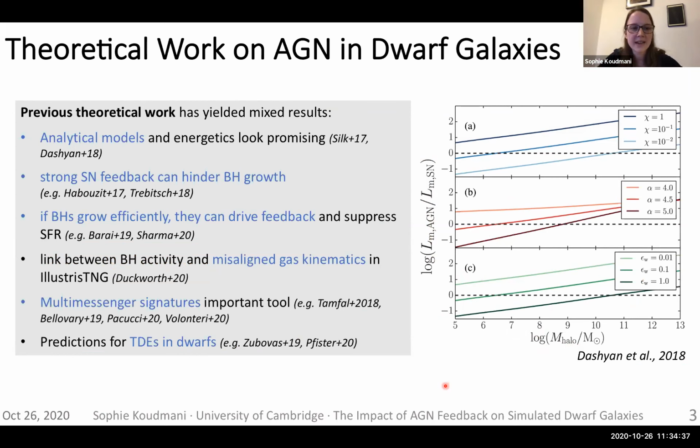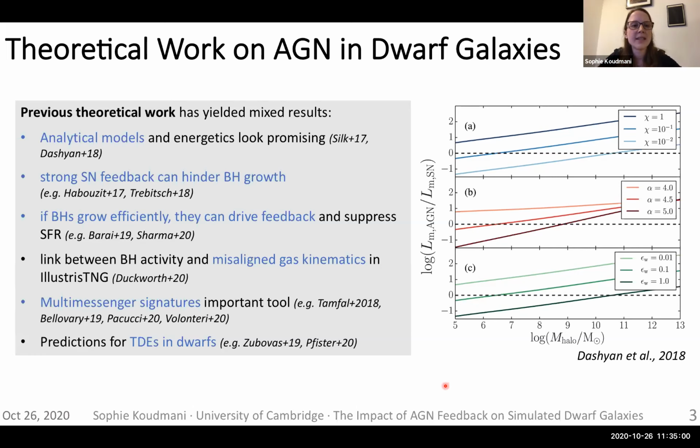However, numerical studies have found a bit of a caveat to this: if the supernova feedback is quite strong, it will hinder the growth of the black holes and render AGN feedback in low mass galaxies inefficient. However, if these black holes are allowed to grow efficiently, they can drive feedback and suppress star formation even at the low mass end.